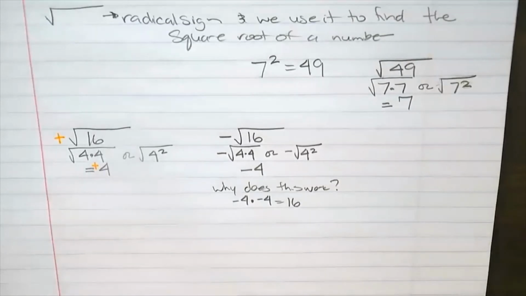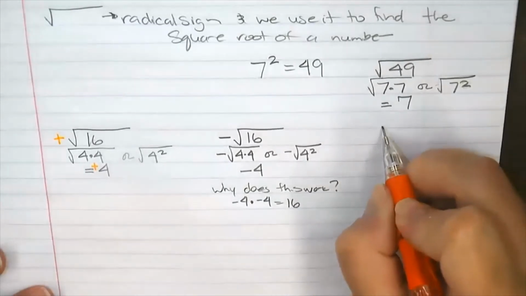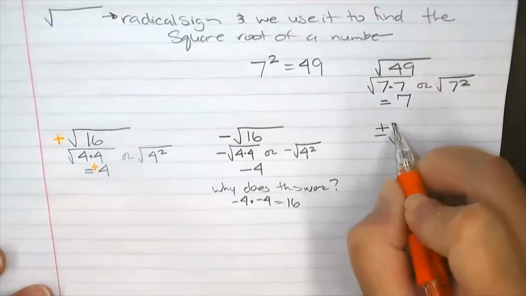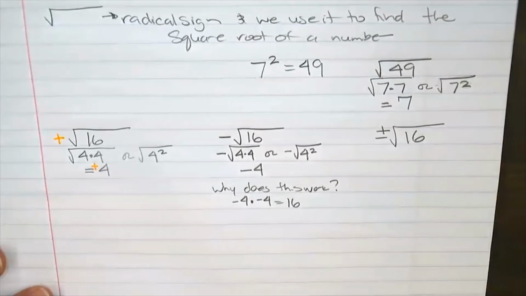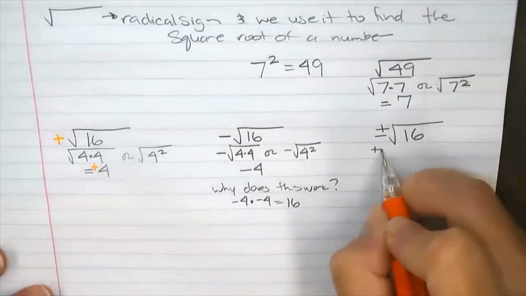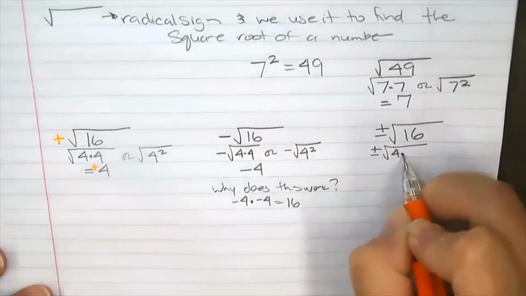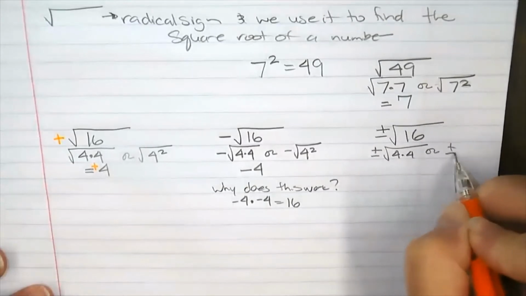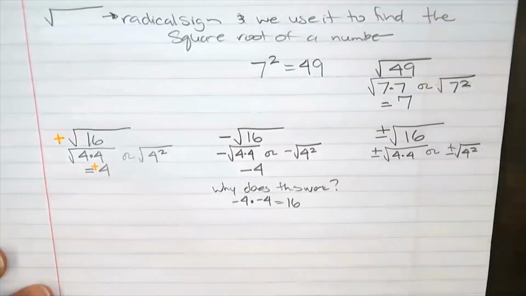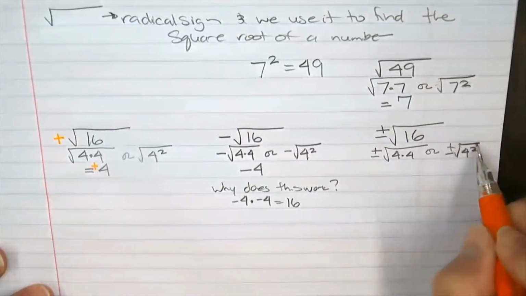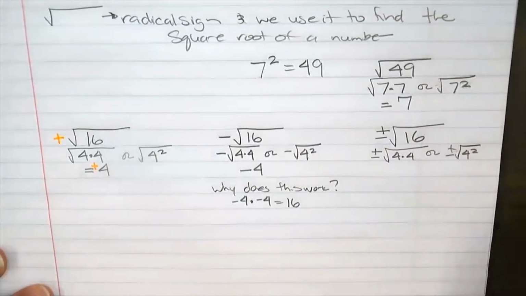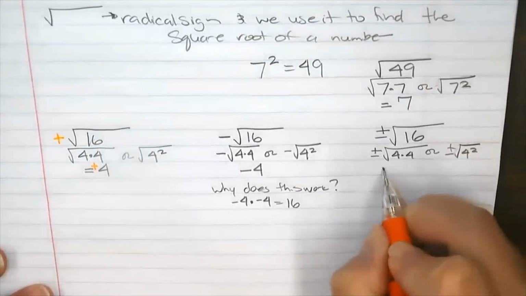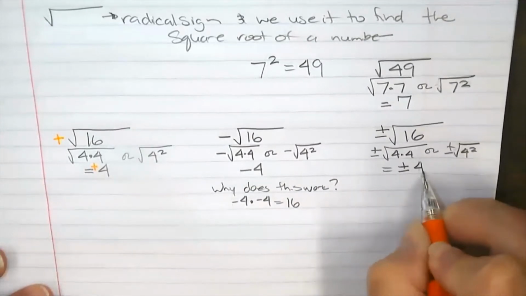And that leads me to the last one. Sometimes you'll see this: positive, negative square root of 16. So what we're looking for is positive, negative, 4 times 4, or 4 squared. And remember, the square root of a square, they cancel each other out. So our answer is positive, negative 4.